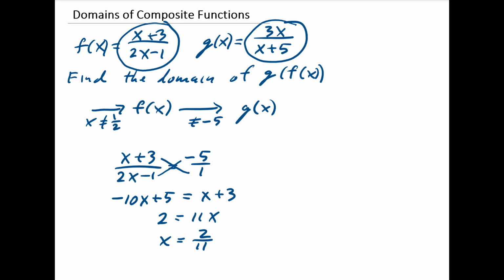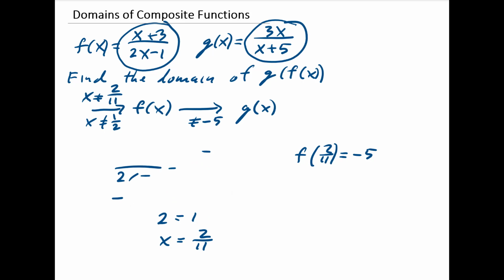Which means we're not allowed to plug a 2 over 11 into the function f. So x cannot be 2 over 11, because if we do plug in 2 over 11 into f of x, f of 2 over 11 is going to be a -5, and we can't allow that to go into the function g of x.